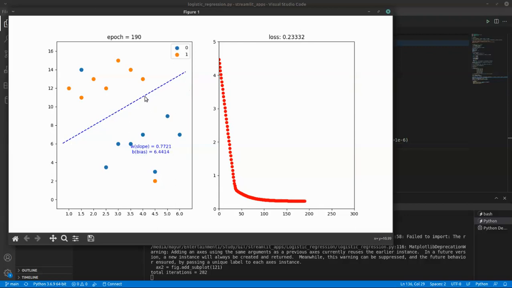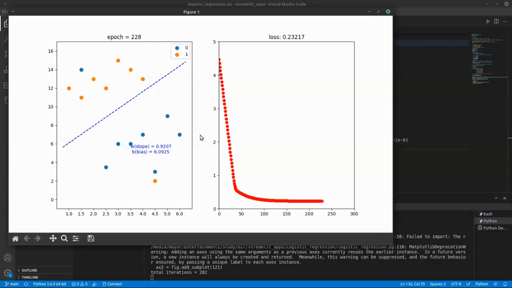So slowly it is converging, and we have given some tolerance. What I mean by tolerance is, let's say I am updating my values of W and B and getting some loss. If the loss has not improved by, let's say, 0.000001, which is 10 to the power -6, then it's good to stop, because we have a good separation line for these classes.